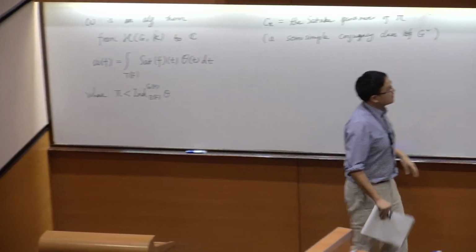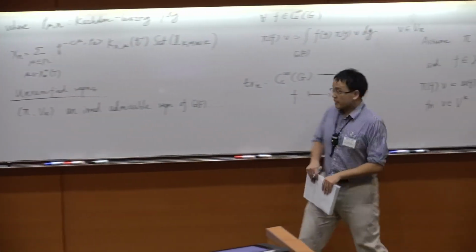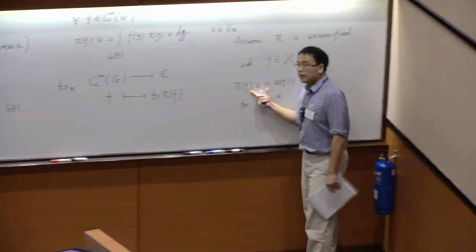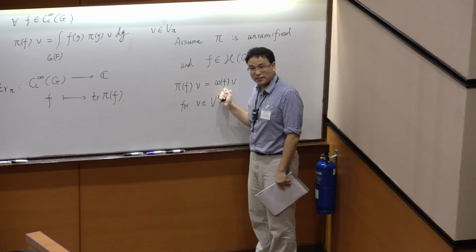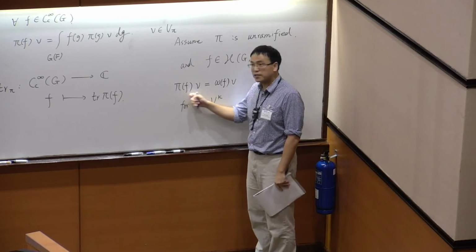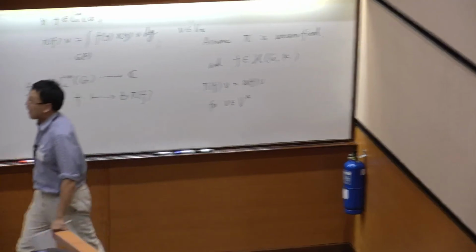Now let's see, if we calculate the trace, the image of this V goes to V, which is the eigenvectors here. So if you calculate the trace, we just take these coefficients here.